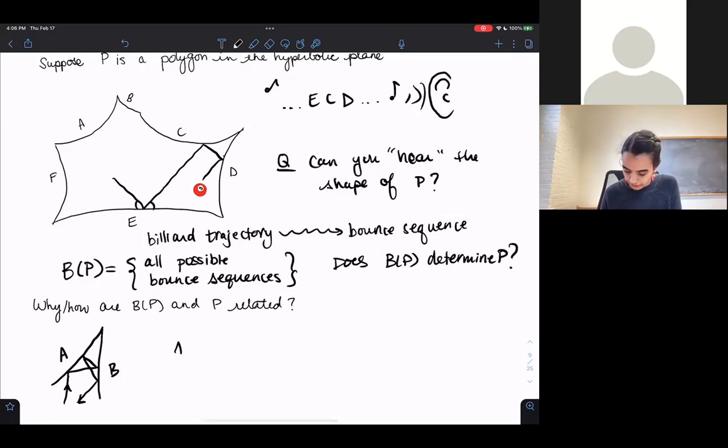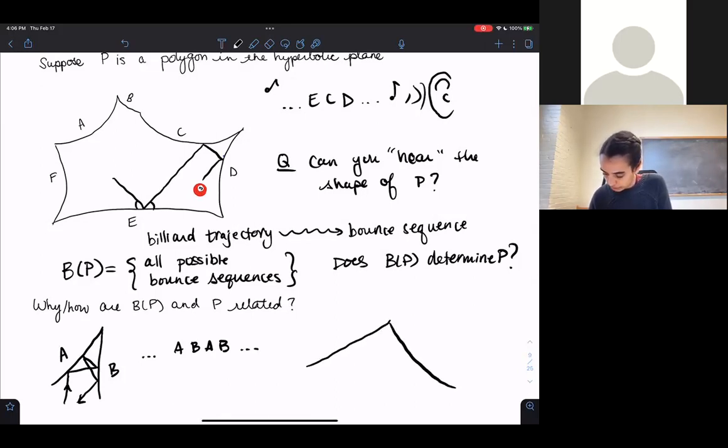So I got A, then B, then A, then B, and then it left the corner. Whereas if I had a more obtuse angle, and I did a similar thing, sending the billiard ball in here, you can see that just after one A and one B, I'm getting sent away from the corner.